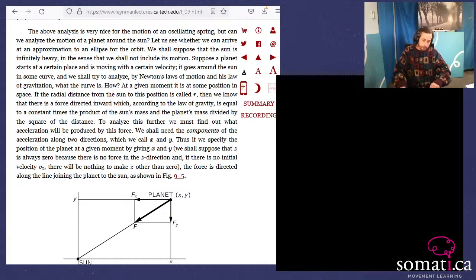Okay, so Feynman thinks this is very nice for an oscillating spring, but what about the motion of a planet? Can we get the elliptical orbit?